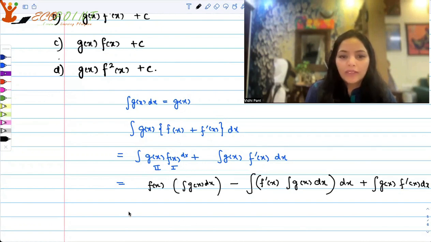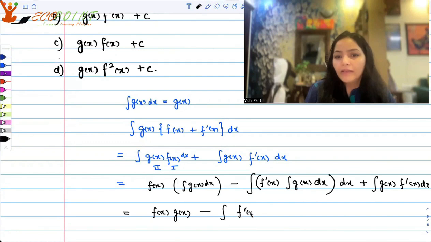Why I'm not doing that? It's for a simple reason. So you have fx gx, because integral gx is just gx, minus, again, integral gx is just gx. So this is f dash x gx dx. Plus, if you observe, it's the same term, integral gx f dash x dx.